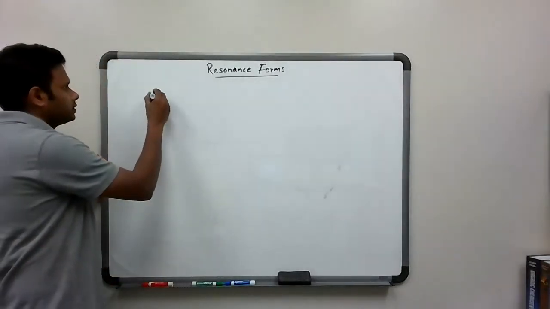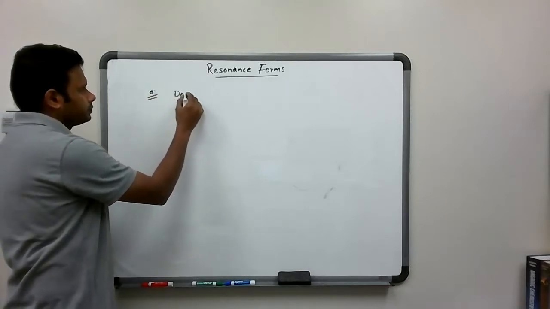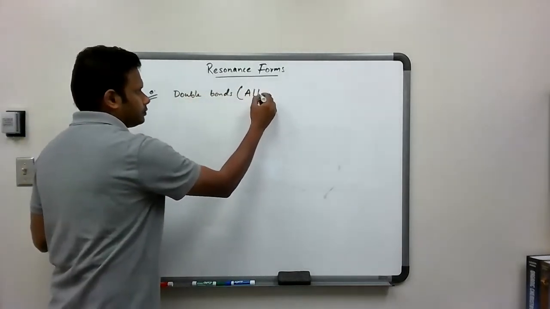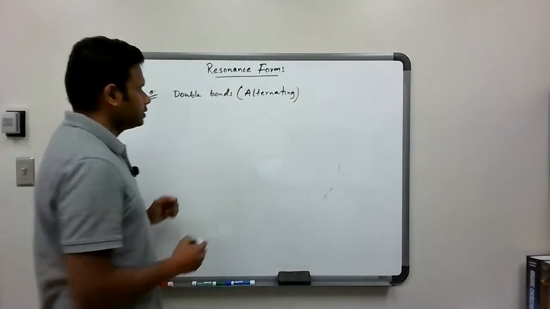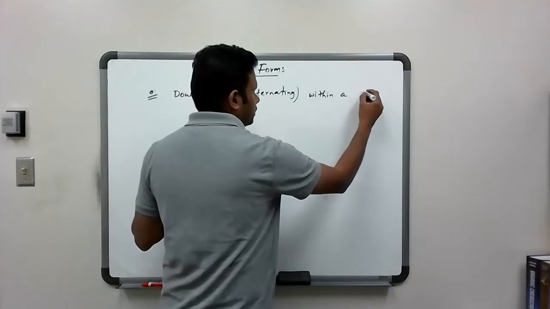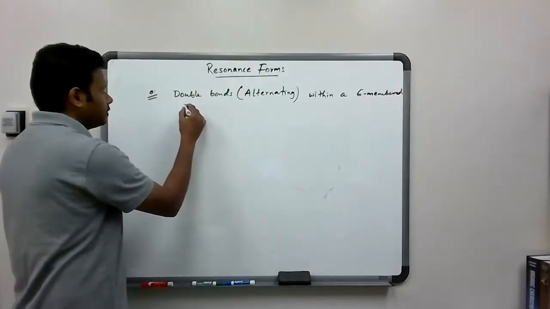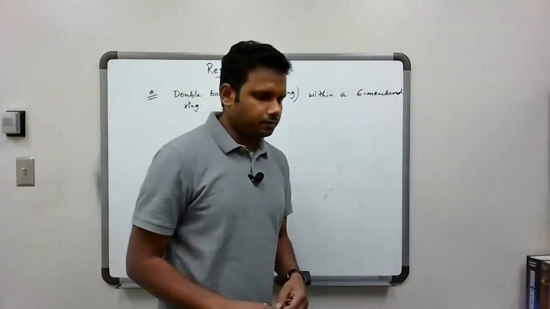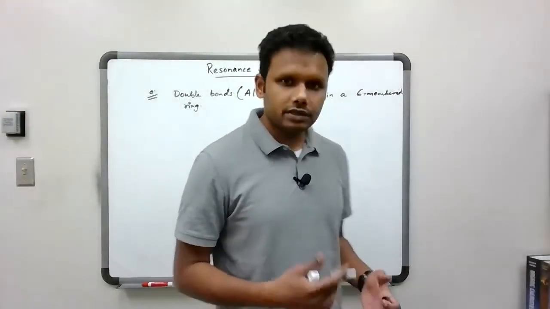This scenario is when we have alternating double bonds within a, and I'm going to make it a little specific, 6-membered ring, because it doesn't necessarily work with rings of any size.